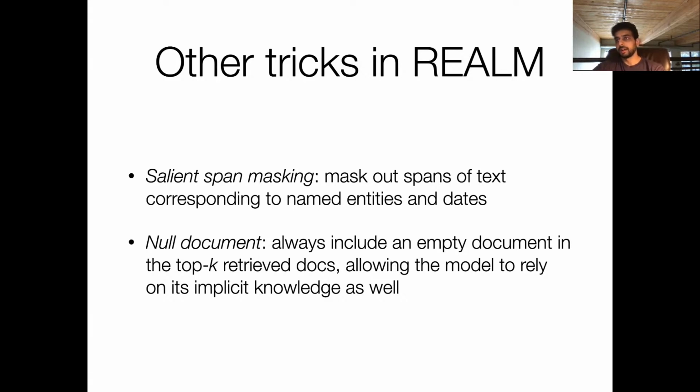So the intuition behind including the null document is that the model can either choose to rely on the retrieved documents, or it can just rely on the knowledge that it's already encoded in its parameters if a particular prediction is fairly trivial for that model.